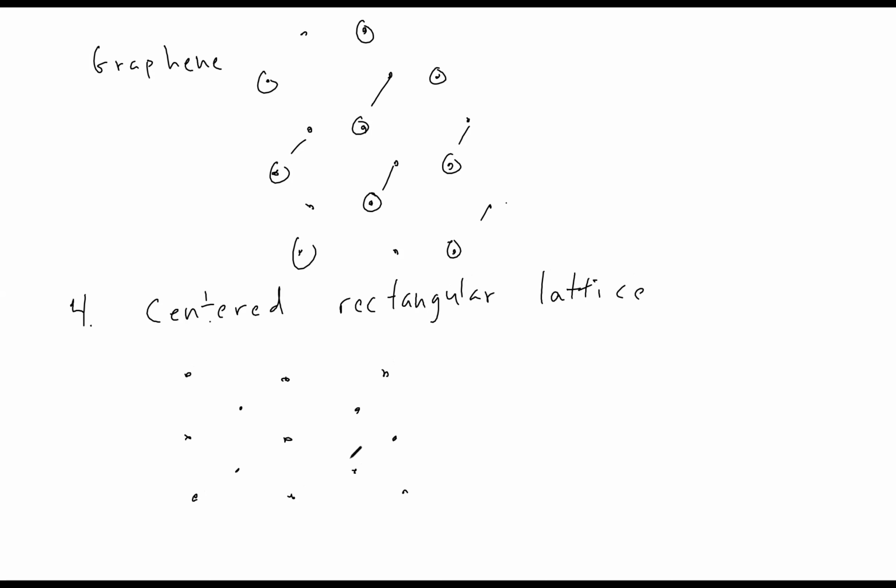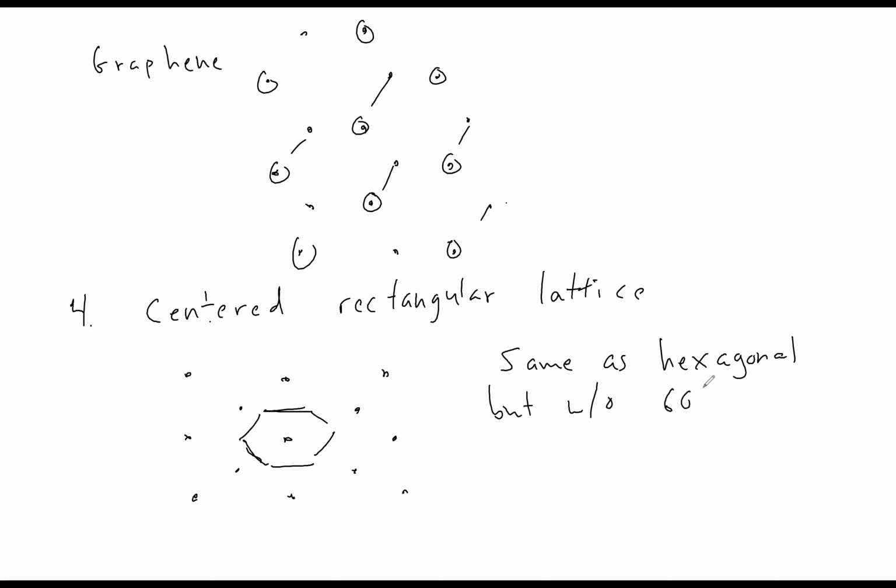And the Wigner-Seitz primitive cell looks like kind of a squished hexagon. This you can arrive at by compressing the hexagonal lattice. The symmetry properties are the same as hexagonal, but without 60-degree rotations.